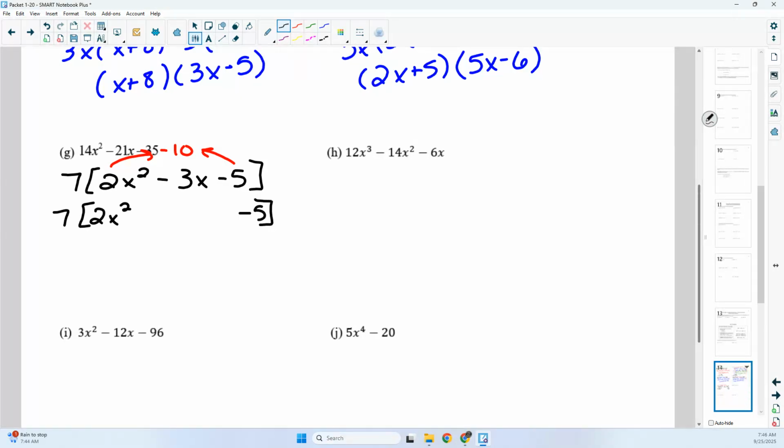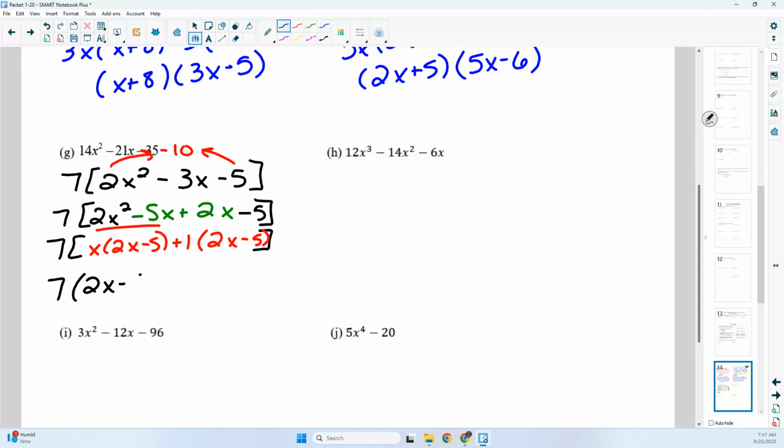Numbers that are going to work are negative 5 and positive 2. 7 is still on the outside. First two parts, I have the GCF of just x. Second two parts, just a GCF of 1. And then we're going to go from there. So I have 7, I have 2x minus 5, and then I have x plus 1.